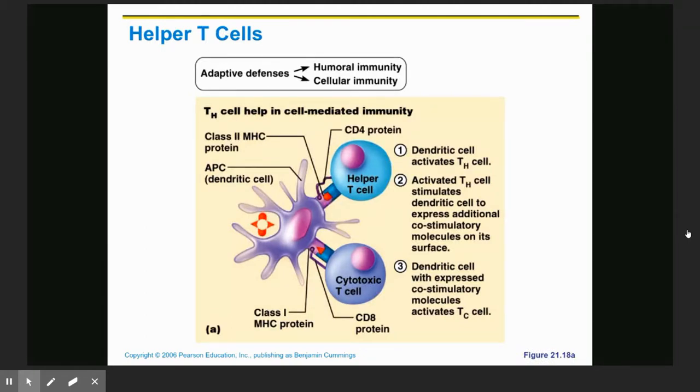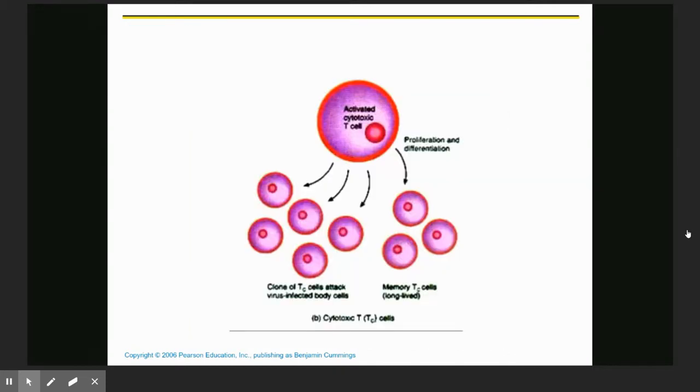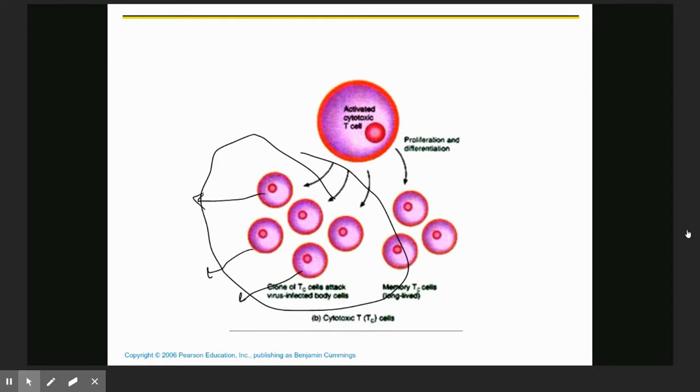So they're activated. But the question is, how do they know which cells have these antigens inside? You can't see in there. How do you know? They have to be able to do something to know whether cells have bacteria or viruses or something on the inside, because they're going to go out and kill.